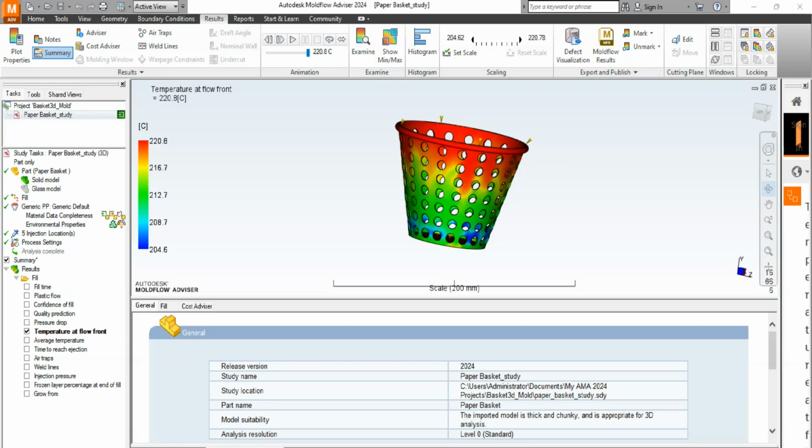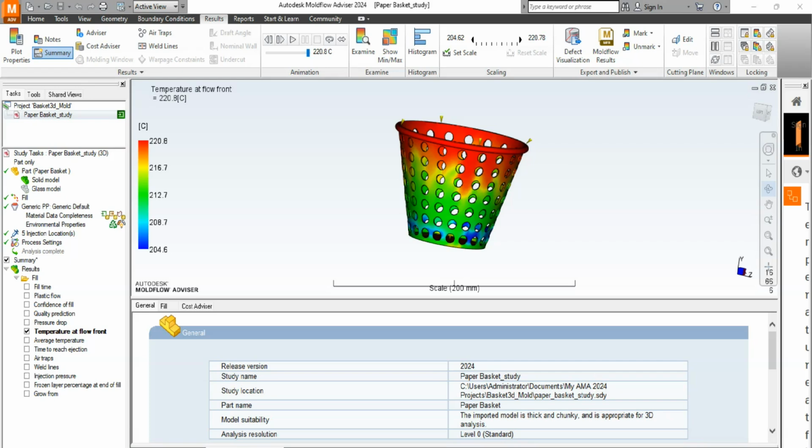Now, before we wrap up the temperature at flow front, I want you to take note of things to look out for. When viewing the temperature at flow front results, you should look out for the following. One, the hot spots. Usually these exist around the gate, in the area where excessive shear heating occurs.